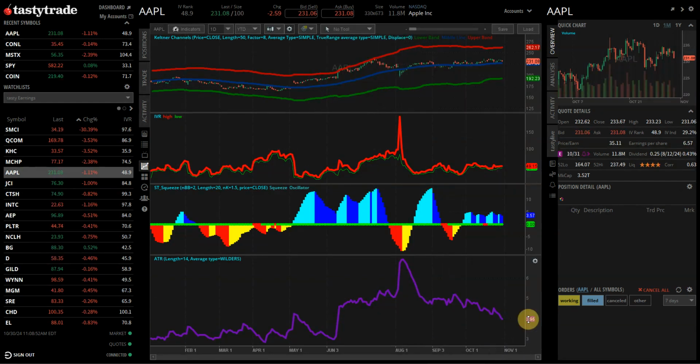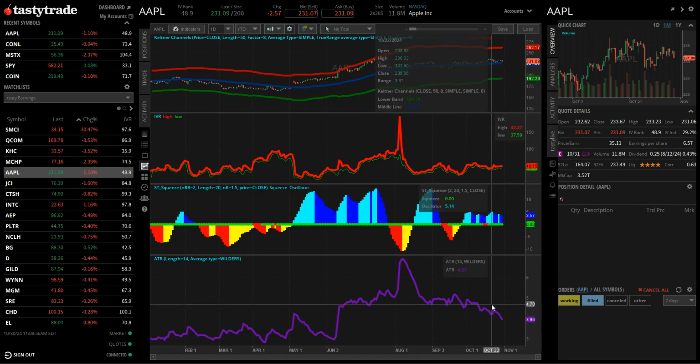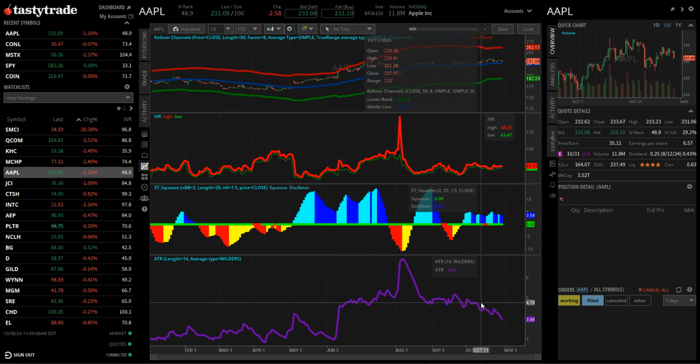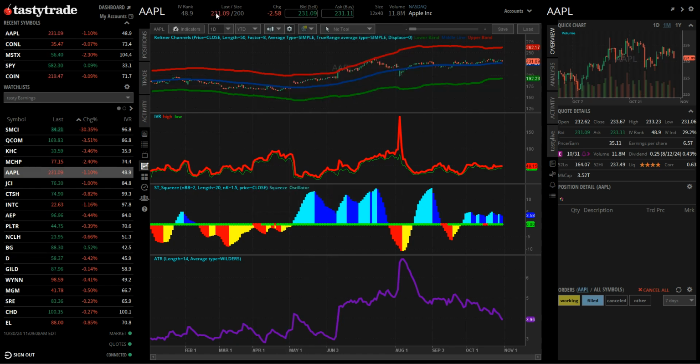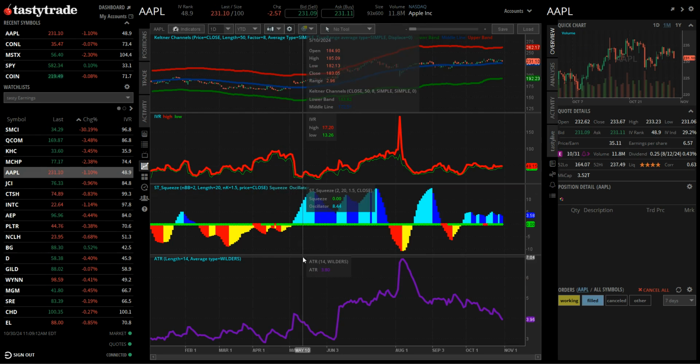We got an expected move, average move, of 3.96. Let's call it $4. Apple moves on average $4 a day. Could be 1, could be 8. But on average, in the last 14 days, Apple moved $4 per day per share. So it should trade 235 to 227, give or take, on average per day.